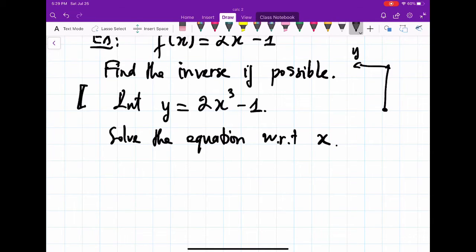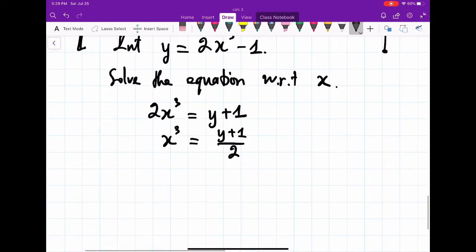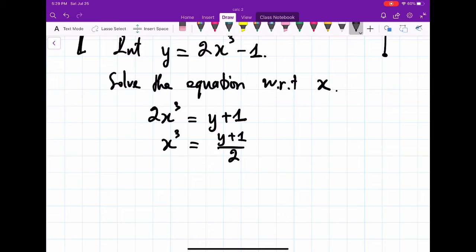If you solve this, you get 2x cubed equals y plus 1, and then you divide both sides by 2, you get x cubed equals (y plus 1) over 2. And now you apply the cube root. You get x equals the cube root of (y plus 1) over 2. It looks good.